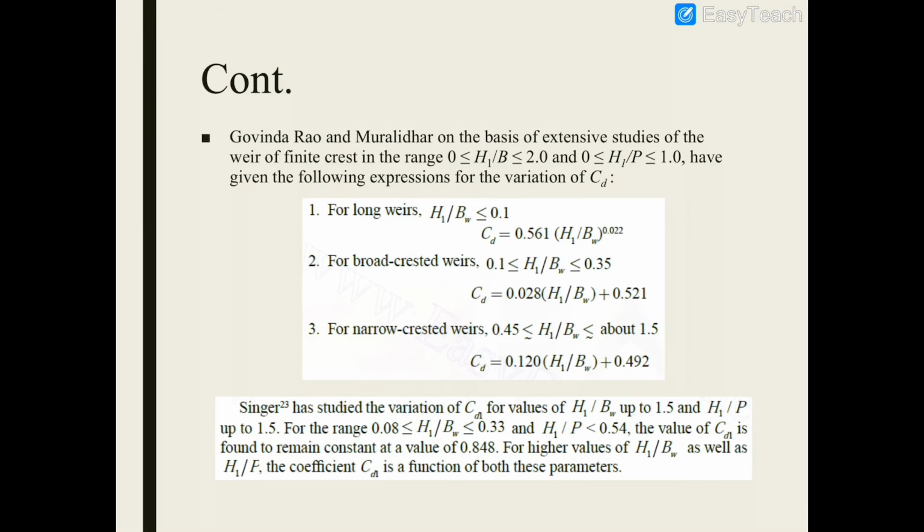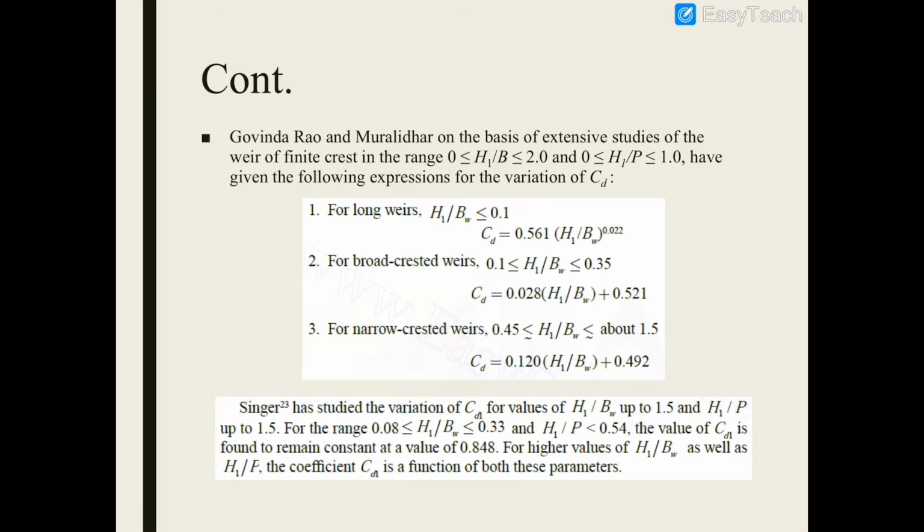For broad crested weir, means H1 upon Bw in between 0.1 and 0.35, CD is given as 0.028 H1 upon Bw plus 0.521. For narrow crested weirs, means for H1 upon Bw in between 0.45 and about 1.5, CD is 0.120 H1 upon Bw plus 0.492. So this was about CD.